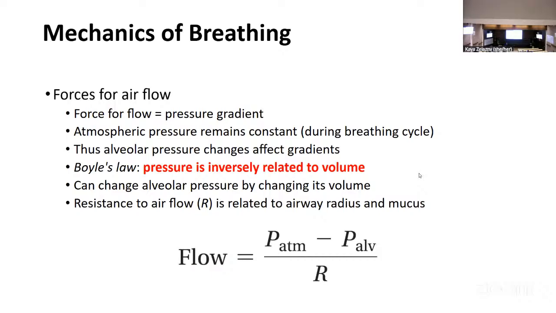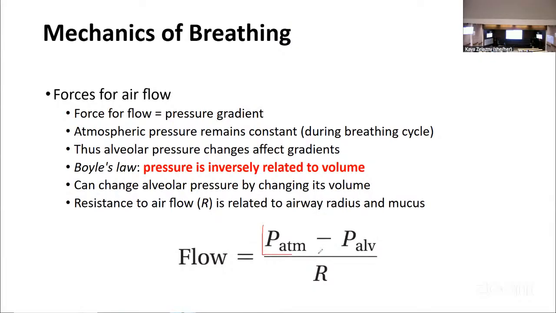So when we're thinking about the mechanics of how we breathe, all these forces, we're looking at pressure gradients. The force for the air to flow is that gradient between the alveolar pressure inside the lung and your atmospheric pressure outside the lung. So here we have that pressure difference, that's our delta P. And we do actually have to compare this difference now, we have to look at both values, unlike when we were looking at our cardiovascular system.